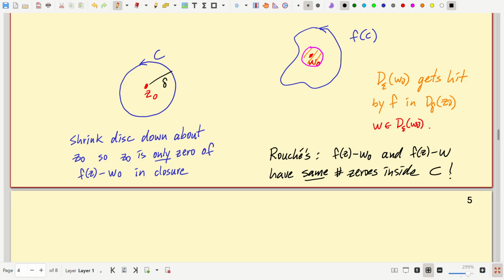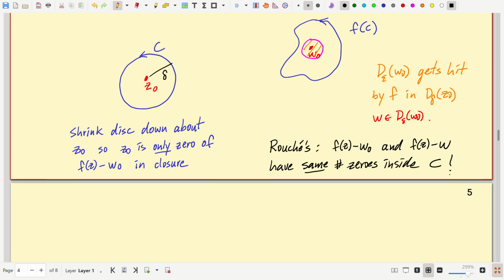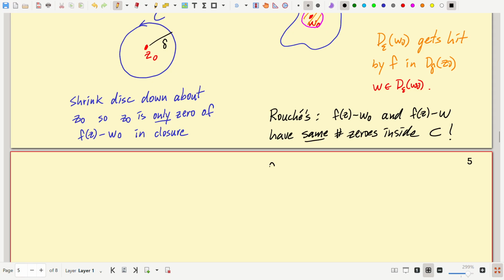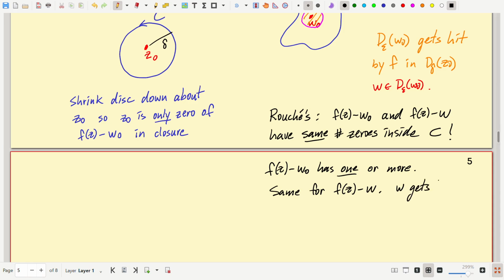Of course, f of z minus w naught has one or more, and so that means the other one has one or more. So the same for f of z minus w: w gets hit. And so that means that little open disk about w naught gets hit, and that means that my map is going to take open sets to open sets.